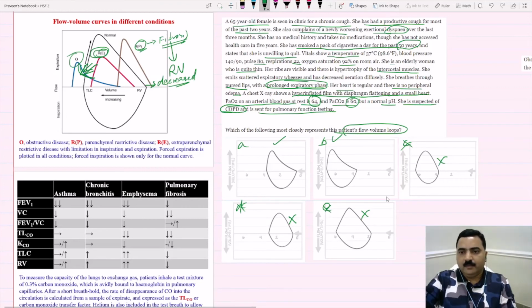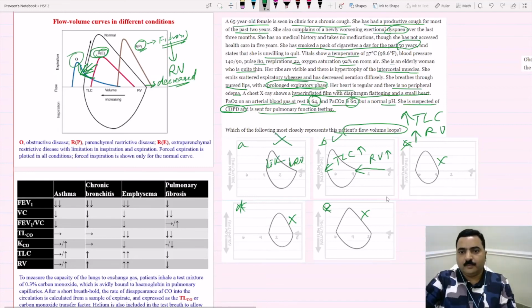Now in obstructive lung disorder, what should happen to the total lung capacity? The total lung capacity is more and the residual volume is more, both increased. So out of these two, which one shows the increased residual volume? Over here you can see the residual volume is high and the total lung capacity is high, whereas here the residual volume is very low and the total lung capacity is very low.